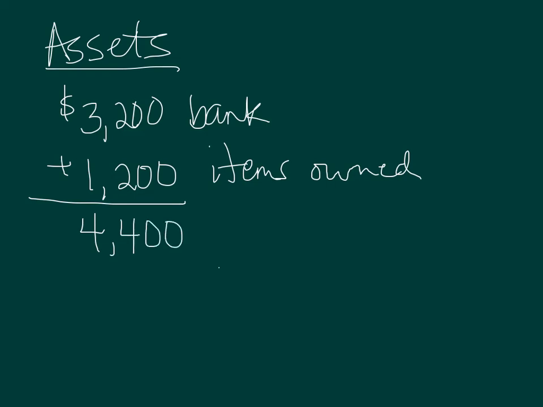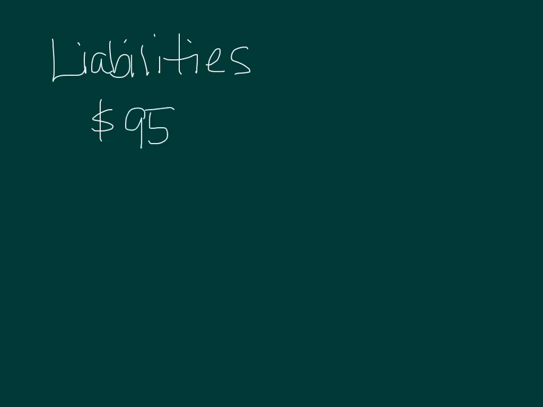And if they looked at their liabilities, the assets totaling $4,400, they are paying on a house, and let's say they still owe $95,000. And they have a credit card with a balance of $500 on it.